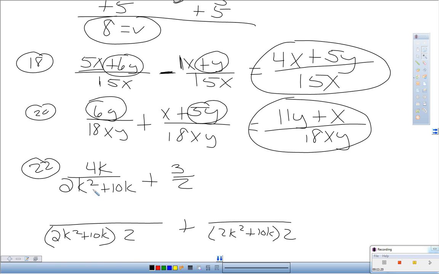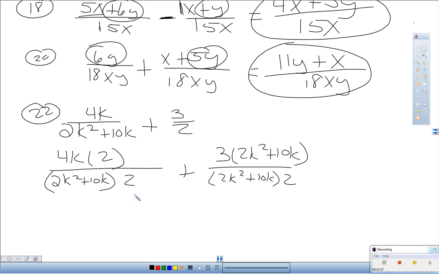Now, in the first one, look at what you had before and look at what you have now. You need a 2 there, so let's multiply by 2. In the second one, look at what you had before and what you have now. So we have to multiply by 2k² + 10k.